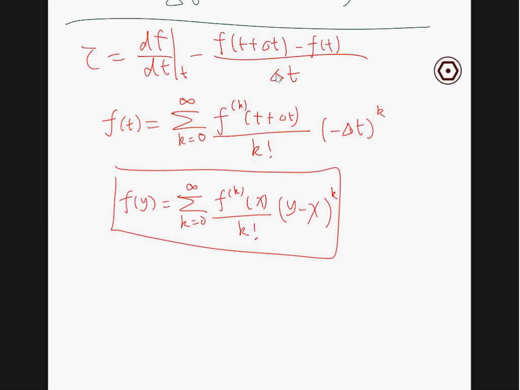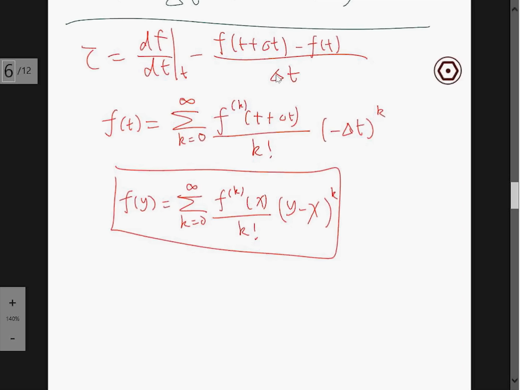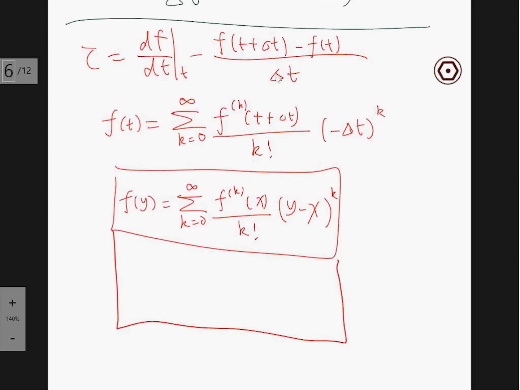All right. So this is going to be very useful: making sure you know every different view, every different manipulation of the Taylor series is going to be useful. I'm going to show you another manipulation of the Taylor series. If I take the derivative of both sides of the Taylor series with respect to y, what am I going to get?